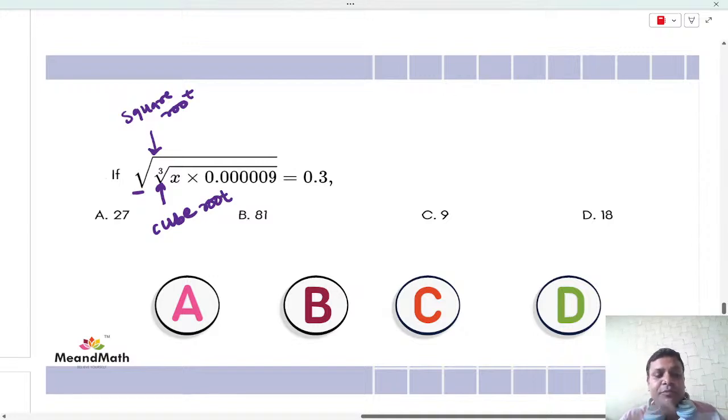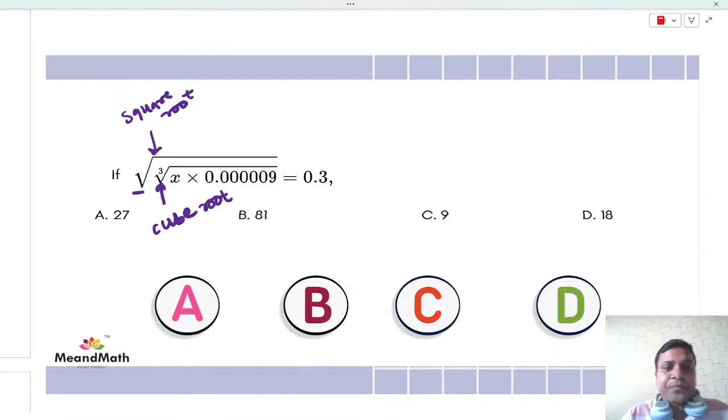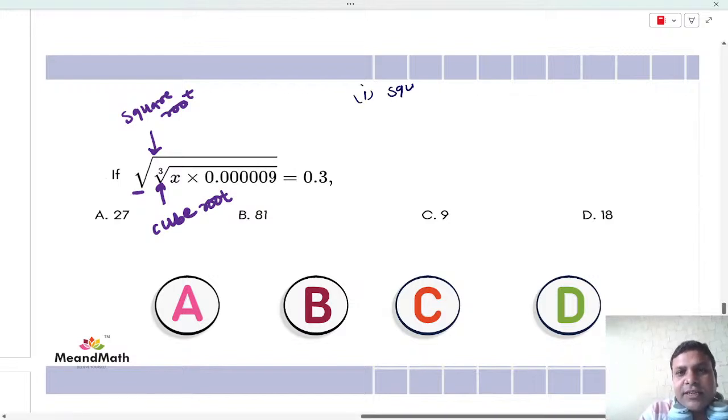Square root. So we have to remove the square root. Then first we have to do the square on both sides. So first step is square on both sides.